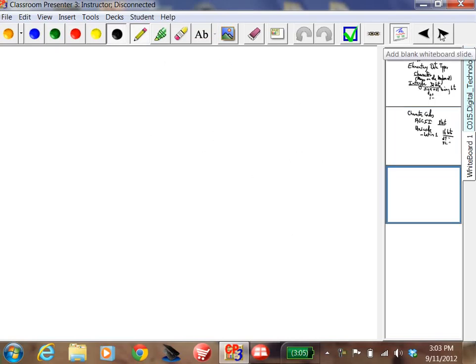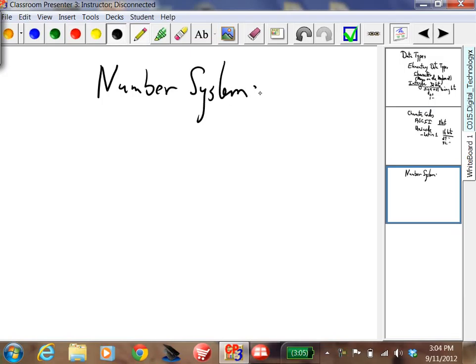I also talked about number systems. And by number systems, I mean techniques for storing and writing and computing with numbers.